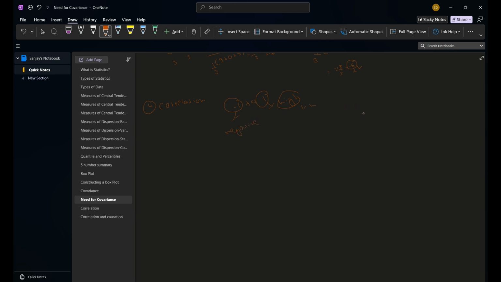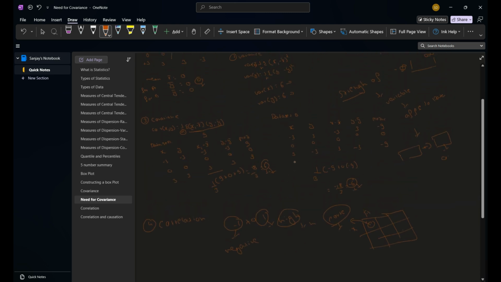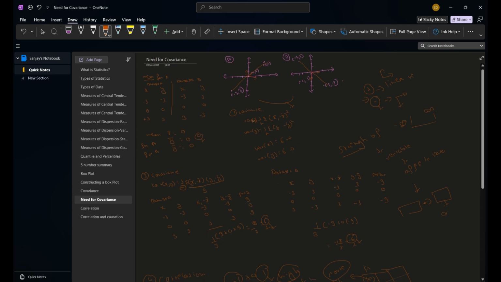Even in Python, when we plot the heat map, we get the correlation itself for each of the variables. So let's find the correlation between these two data sets now.